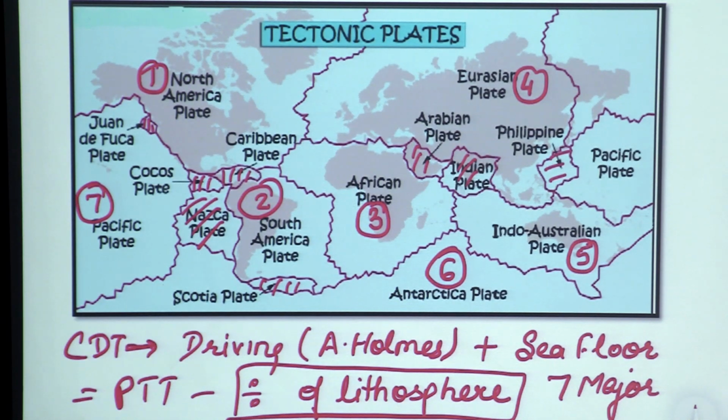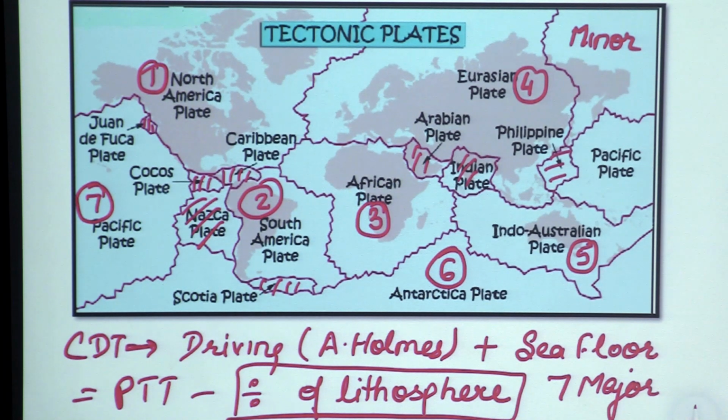Noticing them? They all are called minor plates. So basically, lithosphere is divided into several pieces. These pieces are called plates. On the map of the world, there are 7 major plates today and there are many minor plates.